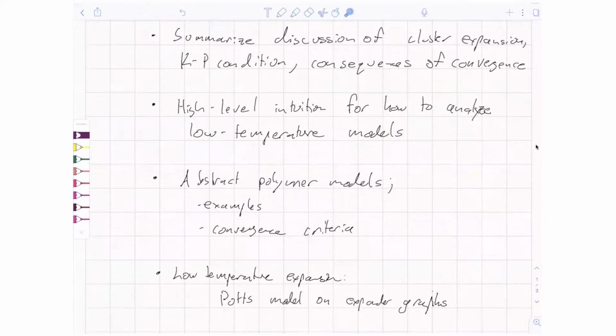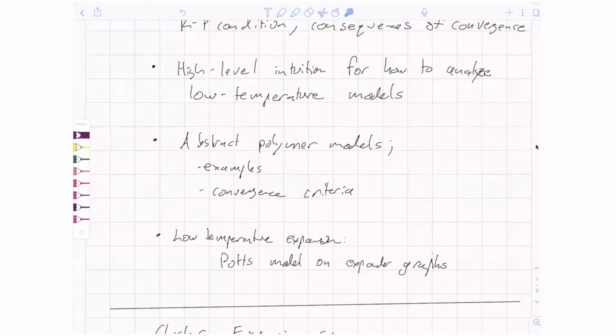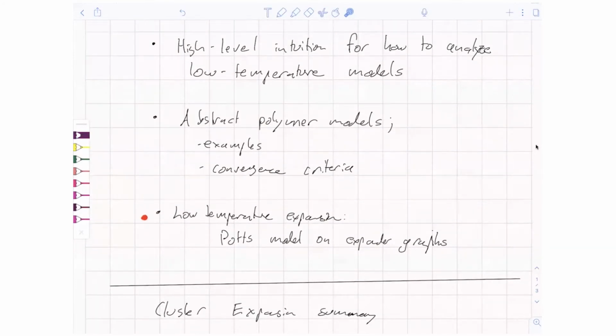Then I'll introduce maybe the important thing today, the idea of an abstract polymer model. I'll give some examples and translate the convergence criteria that we had for the cluster expansion to this setup. And then I'll work through one example about how to analyze things at low temperatures. I'll talk about a fairly simple example, the Potts model on expander graphs, because it's rather simple.